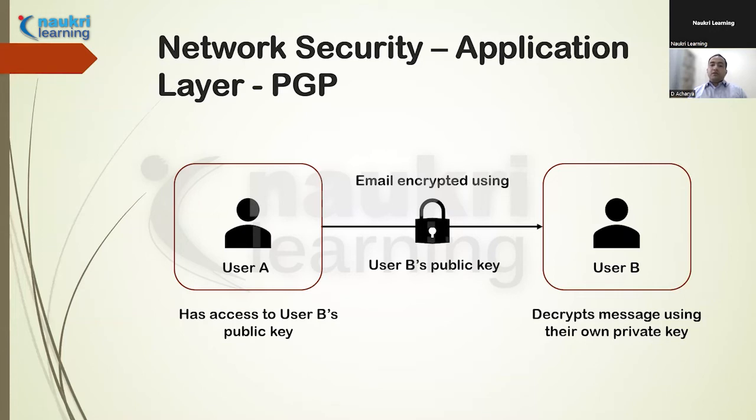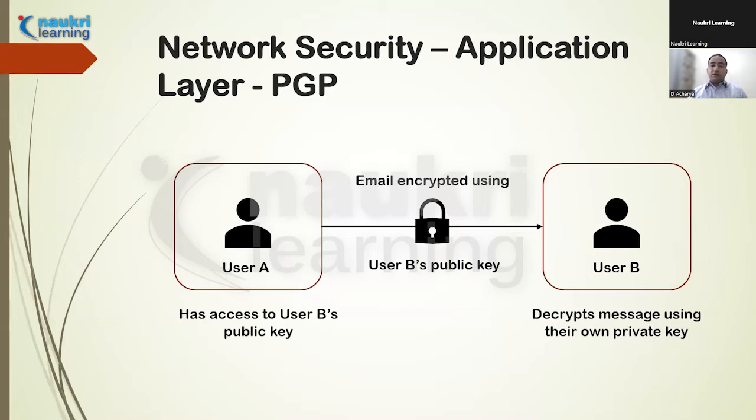User B has their own private key, so they can decrypt the message and read it using that private key. Now, a question might come to your mind: how is user B's public key available to user A? That is perfectly fine, that is how asymmetric cryptography works.